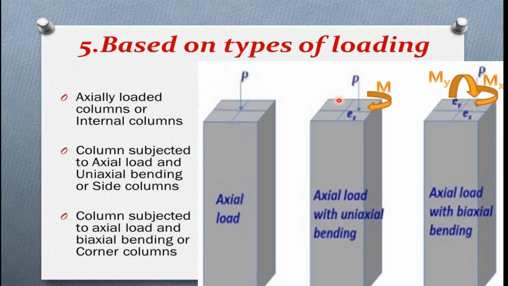Here in the second, we can see the column subjected to axial load. The axial load is acting here, and there is uniaxial bending, where the load is acting on one axis only, but at some distance away from the center. The column is subjected to axial load only, but it is acting away from the center, so it is called uniaxial bending.